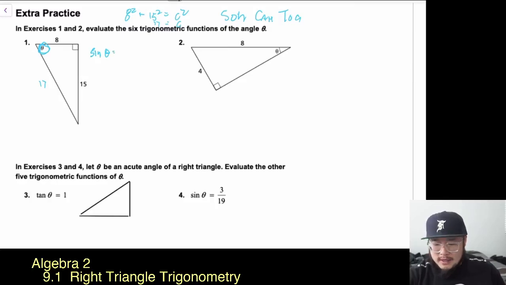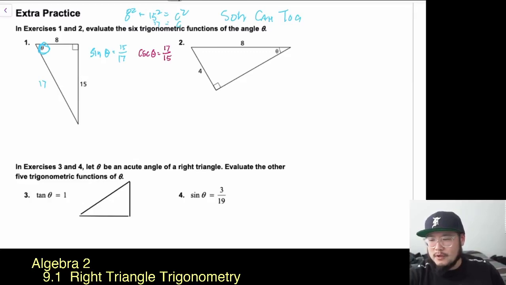Now we're trying to find all 6. The inverse of sine is cosecant, so to the right of it I put cosecant theta, and it is going to be the reciprocal, 17 over 15. Now we found cosecant theta, really simple.